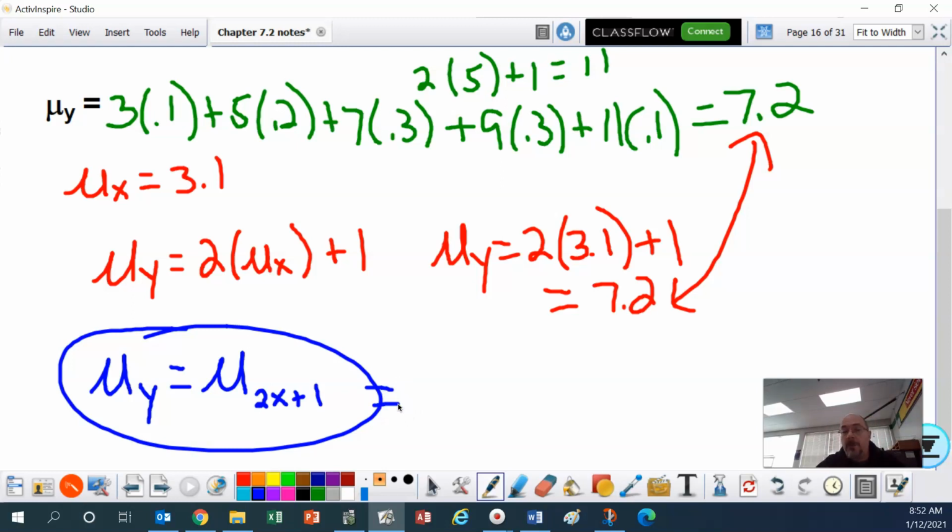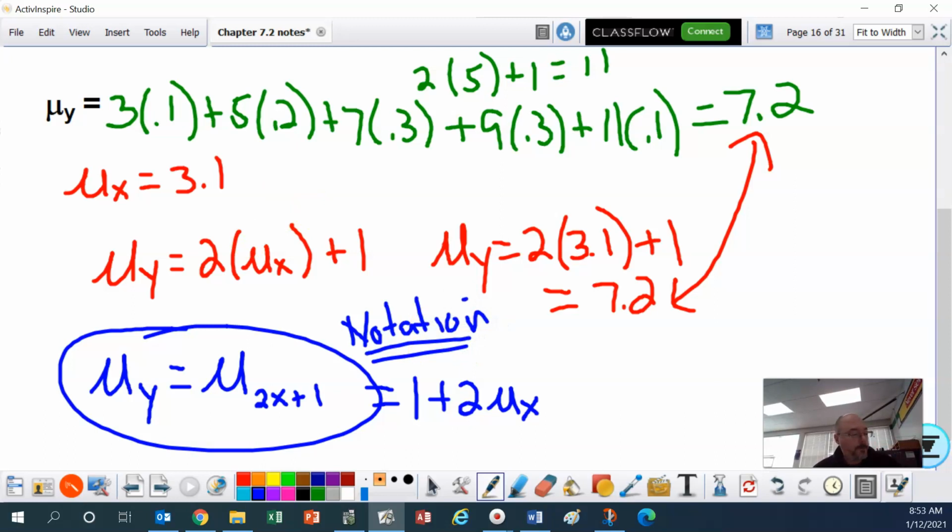This really doesn't matter, but this is how they do it in the book, and this is how my professors did it when we were doing statistics. They put the constant first plus then 2 times the mean of x. So this is just your notation. So know how to read the notation for that.